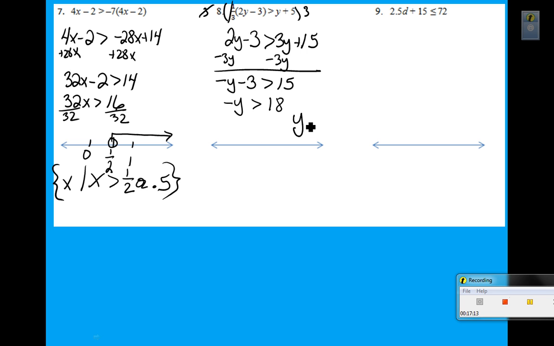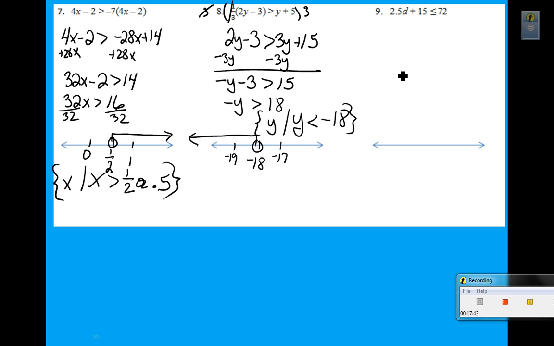So I've got y is less than negative 18. Put that y such that in front of there, and boom, there's your answer. How do you graph it? You'll come down here. You got negative 18, open dot, and we're going to the left. But I need you to tell me what two integers negative 18 is between. And it's between negative 17 and negative 19.